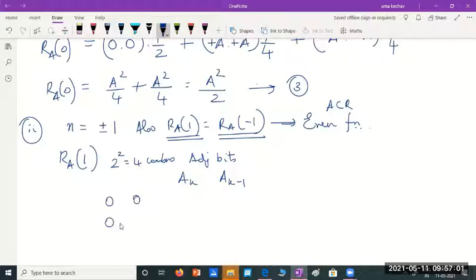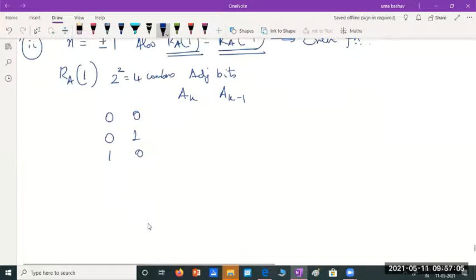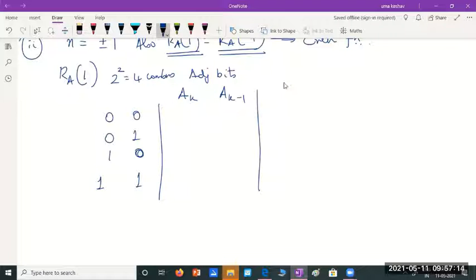The combinations can be 0 0, 0 1, 1 0 and 1 1. I want you to list the AK and AK minus 1 values, the product and probabilities. Always we will consider all the 4 to be equiprobable.